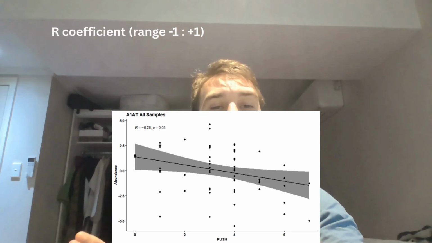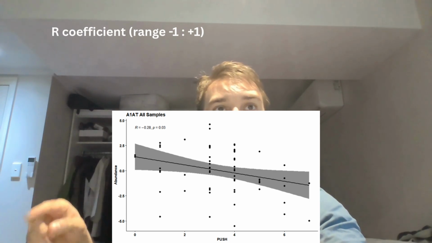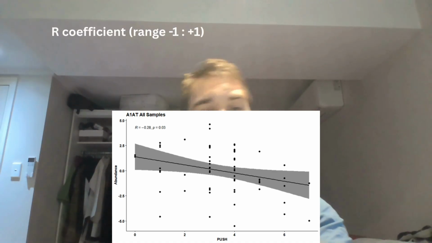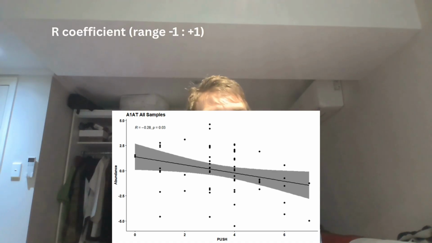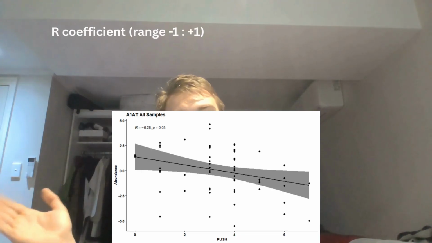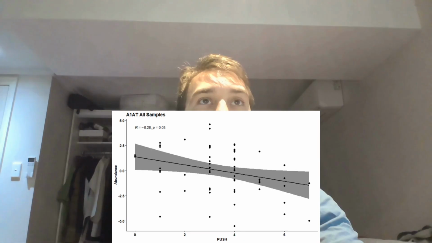The R coefficient goes from +1, meaning exactly correlated, to -1, meaning exactly negative correlation, with 0 meaning no correlation, so there's nothing going on. +1 is a very strong positive result, and -1 is a very strong negative correlation.